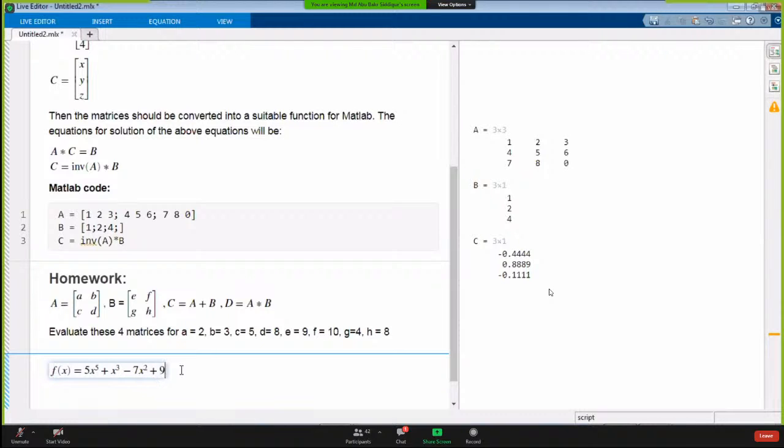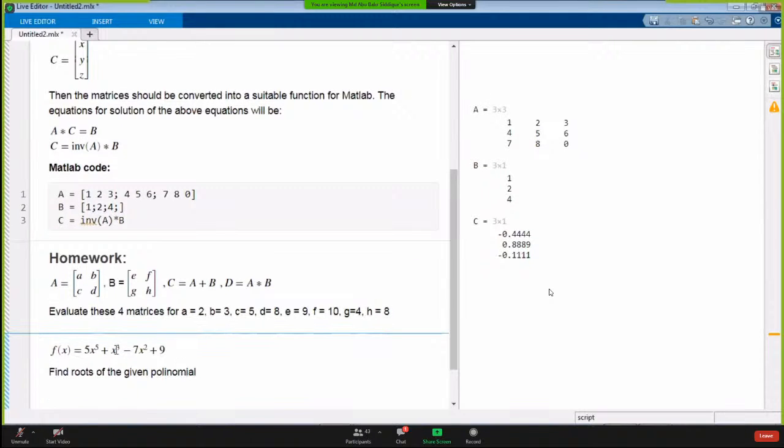Okay, so that is the equation, only one equation. What you want to do is find the roots of the given polynomial. Okay, so these two are your homeworks. Homework 1 and this is question number 2.